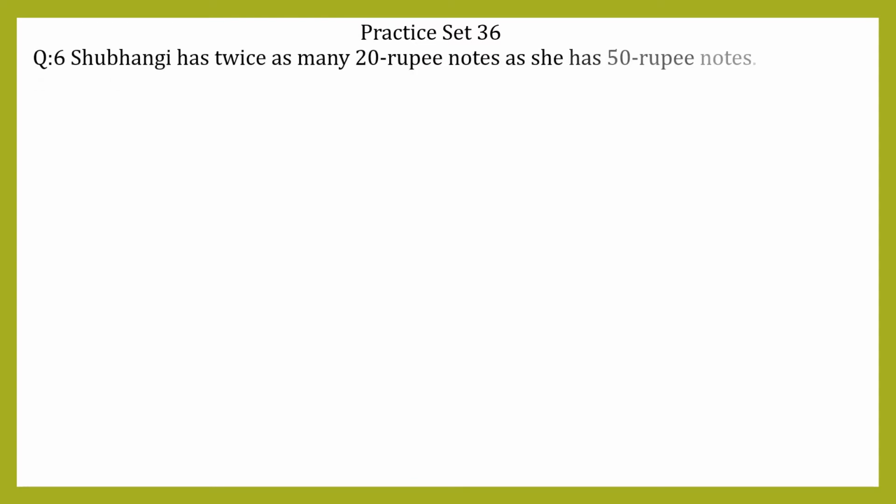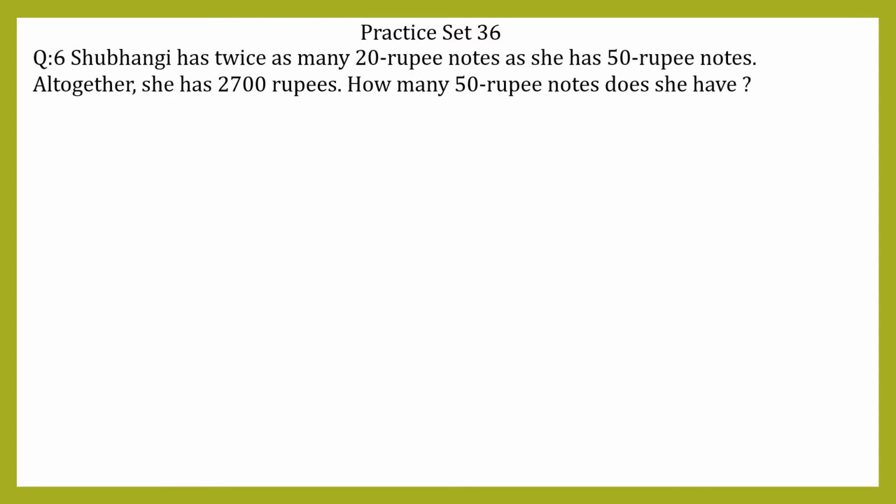Practice set 36. Question number 6. Shubhangi has twice as many 20 rupee notes as she has 50 rupee notes. Altogether, she has 2700 rupees. How many 50 rupee notes does she have? Now, dear children, Shubhangi possesses two types of notes, that is 20 rupee notes and 50 rupee notes.